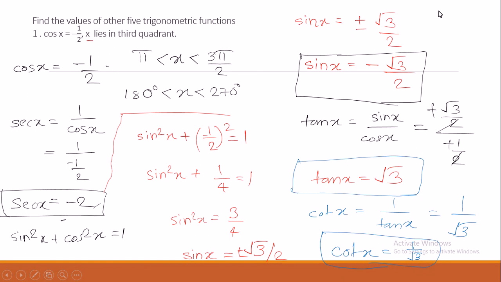If I name them one by one, then listen: sin x, cos x, tan x, cot x, sec x and cosec x. These are the 6 trigonometric functions. From one trigonometric function you can find out the rest of the 5 trigonometric functions.